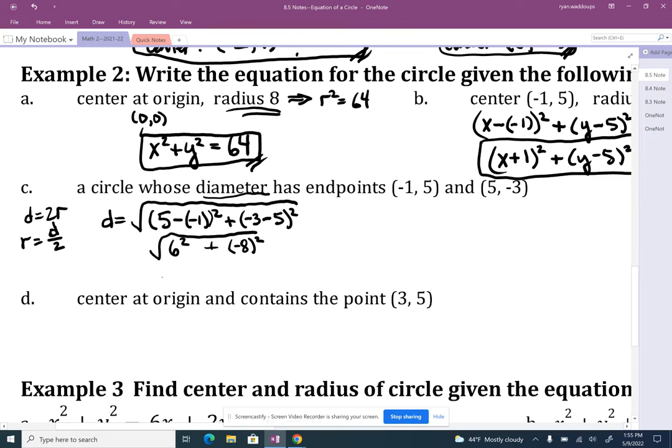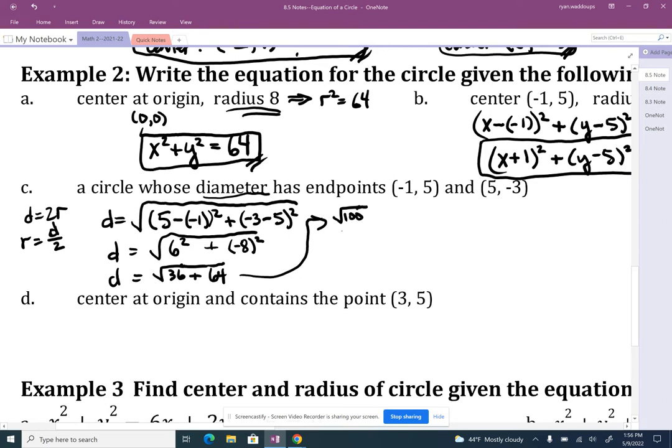Then we've got the square root of 36 plus -8 squared, a negative times a negative is positive, so that's 64. All of this is equal to the distance. And then the square root of 36 plus 64 is 100.